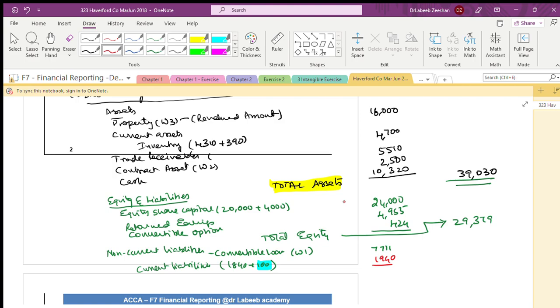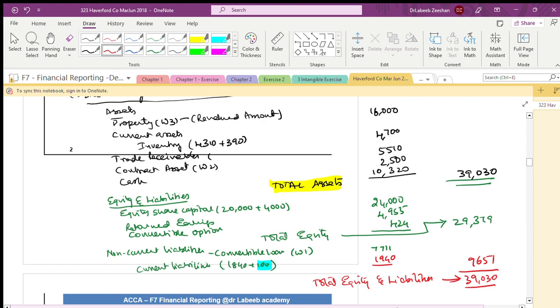If you take the total, 7711 plus 1940 comes to 9651. Total will be 9651 plus 29379, the total equity and liabilities.